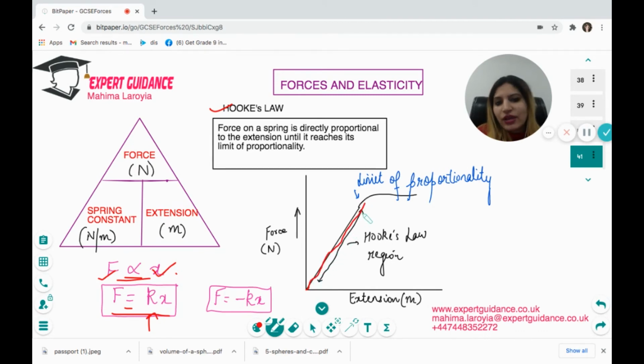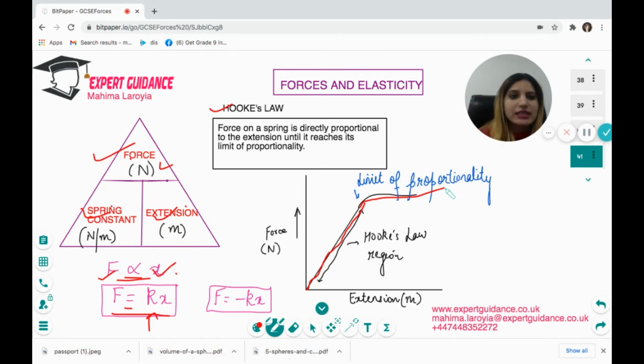This is the graph which shows a spring obeying Hooke's law. We can use this triangle: force is equal to k times e, where force is given in newtons, the spring constant is given in newtons per meter, and extension is in meters. You can see there is a little curve and flattening of the graph here, and this is the point which is the limit of proportionality or the elastic limit.